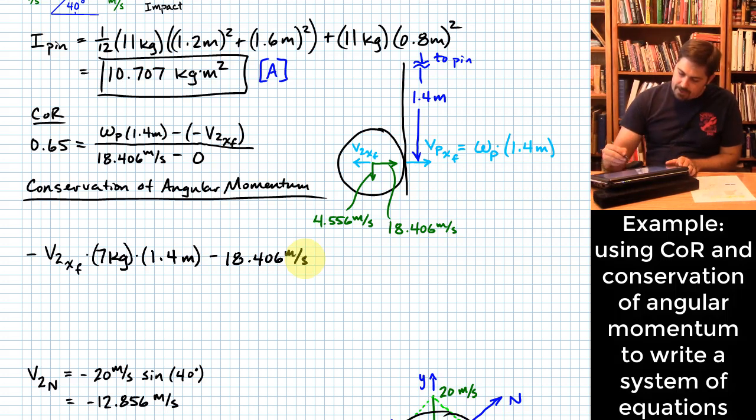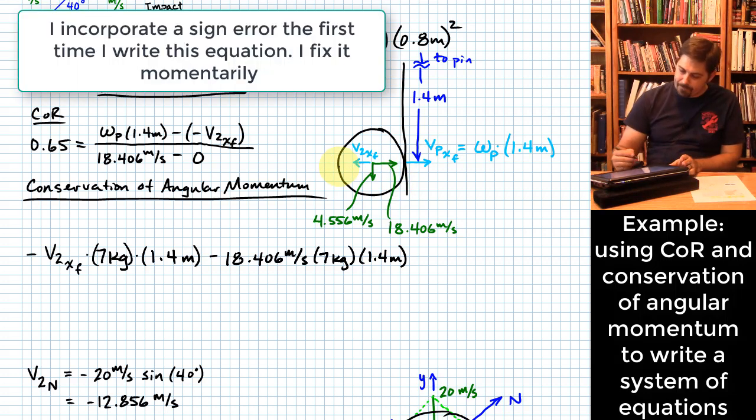All right, times 7 kilograms times 1.4 meters. So where it had a certain amount of angular momentum to begin with, it ends with a different amount of angular momentum. What does this equal?